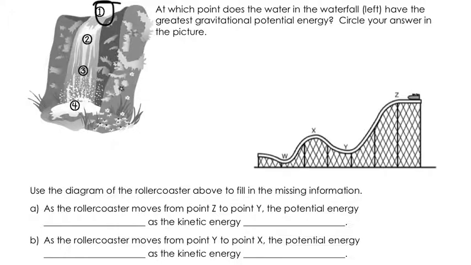Use the diagram of the roller coaster above to fill in the missing information. A, as a roller coaster moves from point Z to point Y, the potential energy blank as the kinetic energy blank. So the potential energy decreases as the kinetic energy increases.